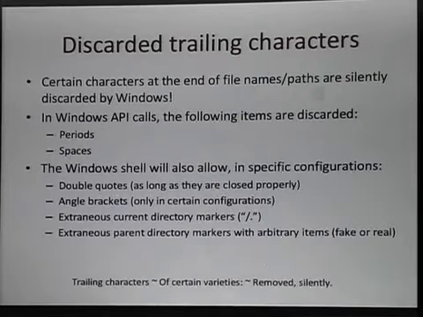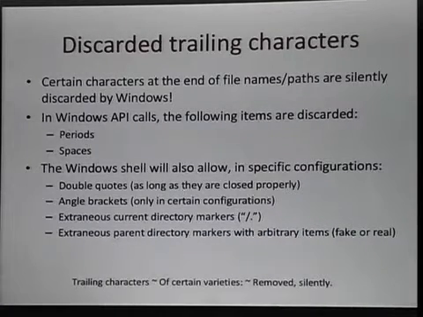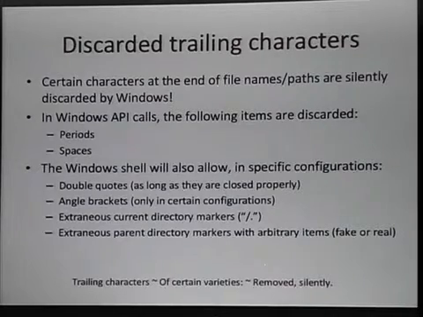And in the Windows shell, there's a whole bunch of other stuff that's discarded as well, and these are all in certain conditions. Double quotes, angle brackets. If you have current directory markers, the // or /., or if you have some directory and a double dot, these are all just silently ignored. Some of these it makes sense, and some of these not quite so much.